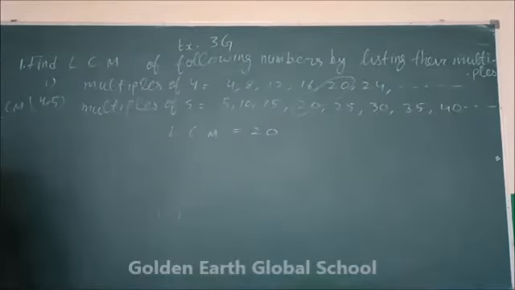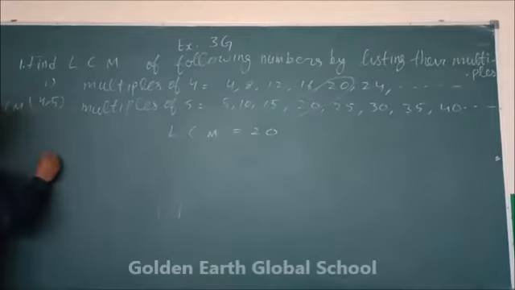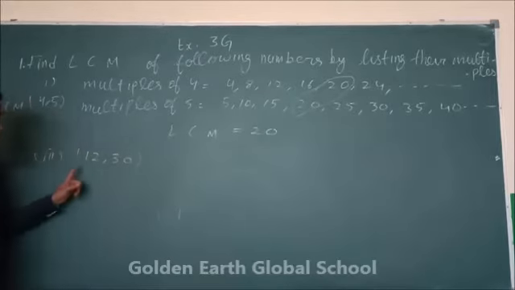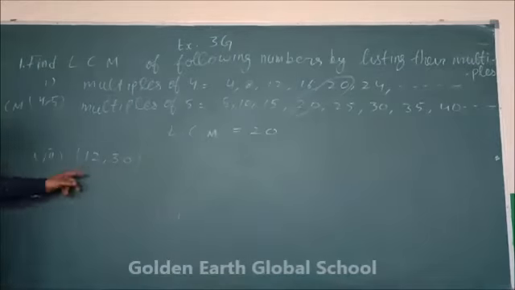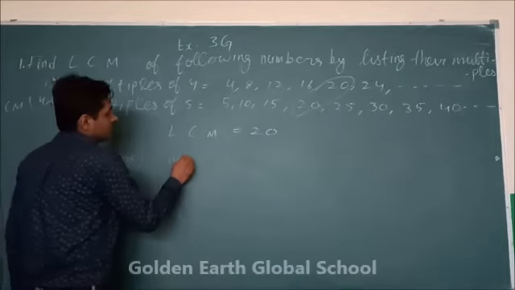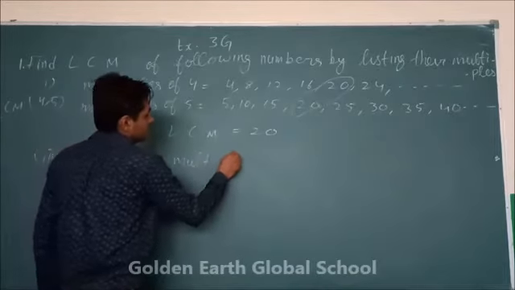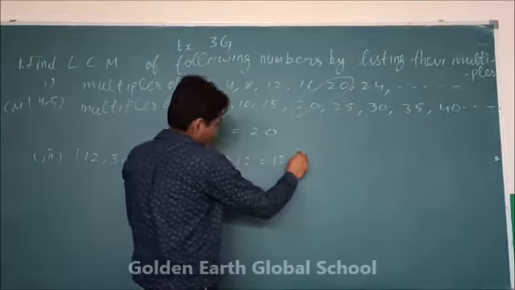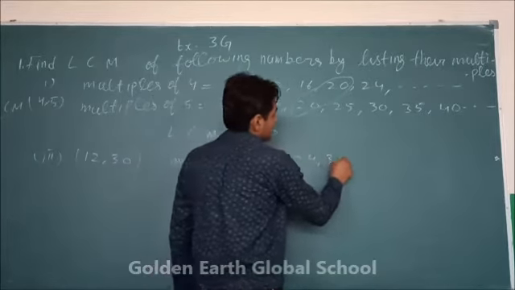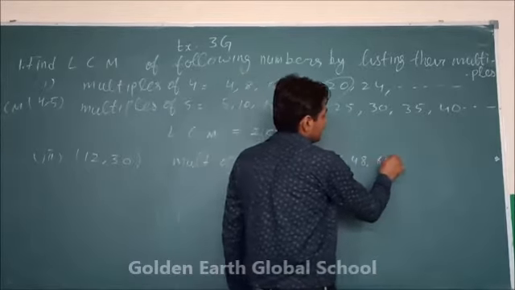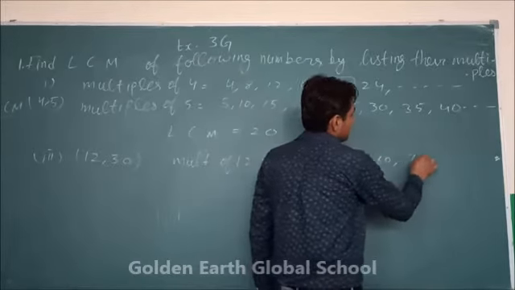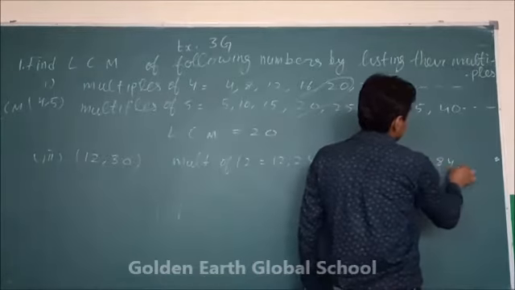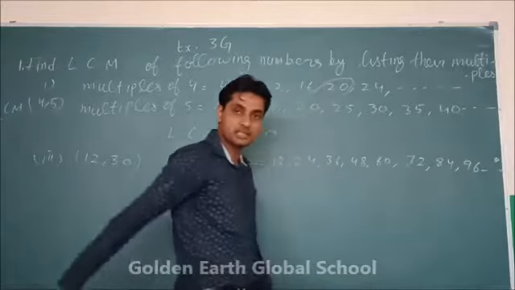Okay, so look at the third part. In the third part, it is 12 and 30. Firstly, find the multiples of 12: 12, 24, 36, 48, 60, 72, 84, 96. Like that.